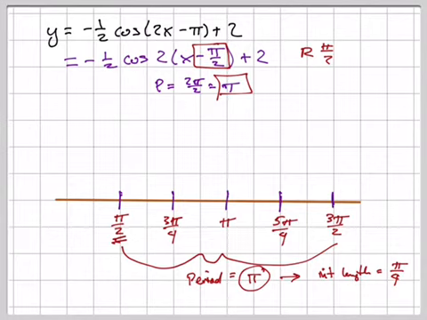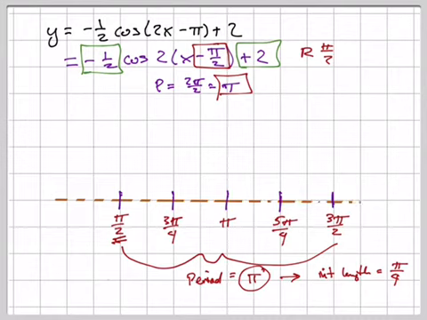So I already took care of all of my horizontal stuff. Now I'm going to deal with the vertical stuff, and the vertical stuff is right here. I've got a shift of 2 up, and I've got a flip and an amplitude of only 1/2. So this point, again, I just take this and make this a dotted line.